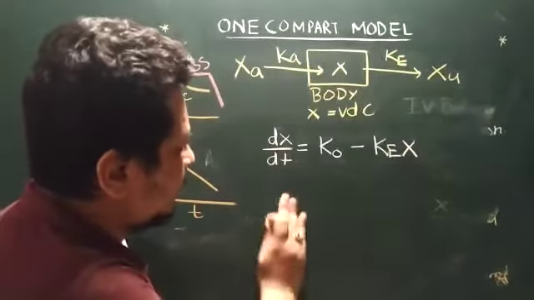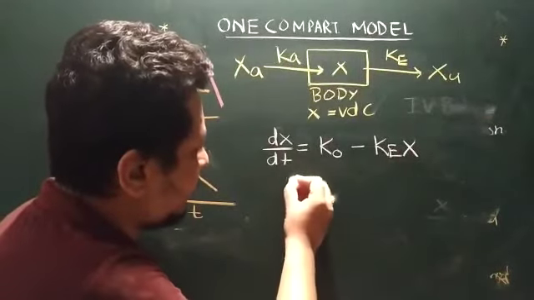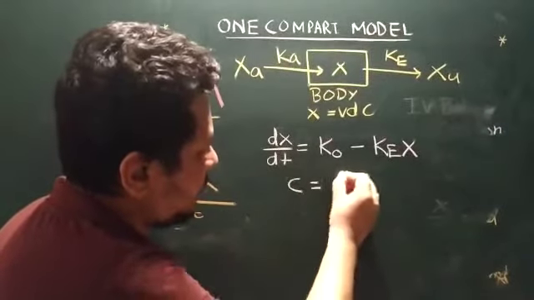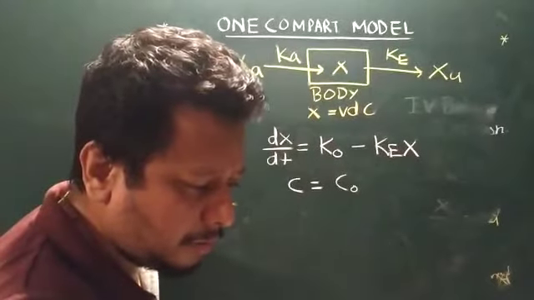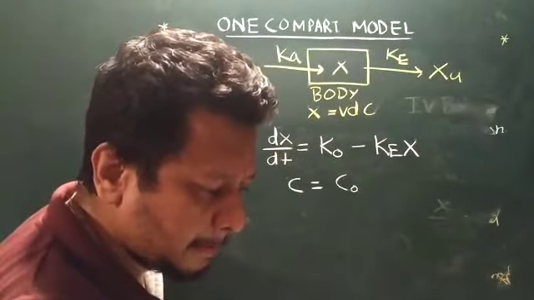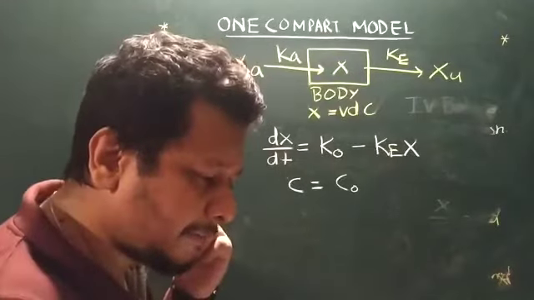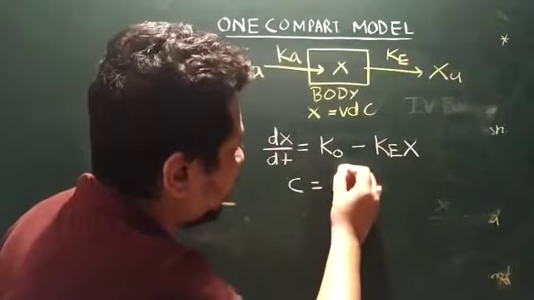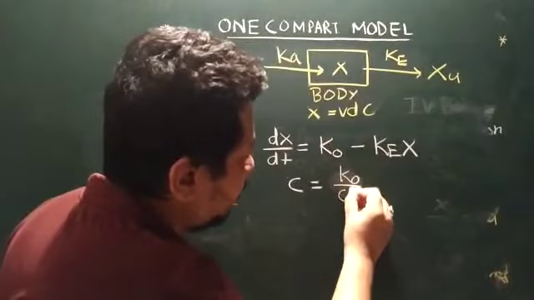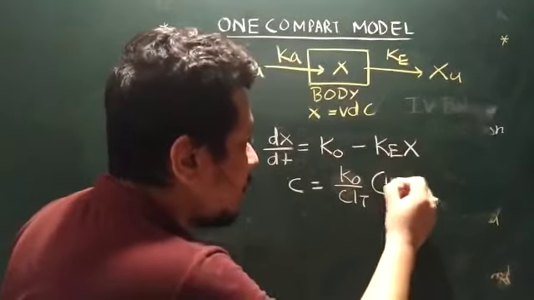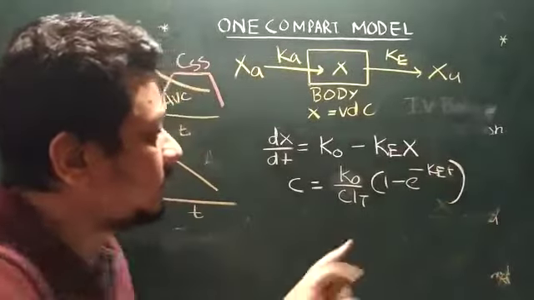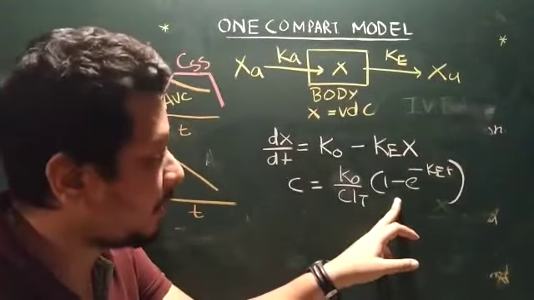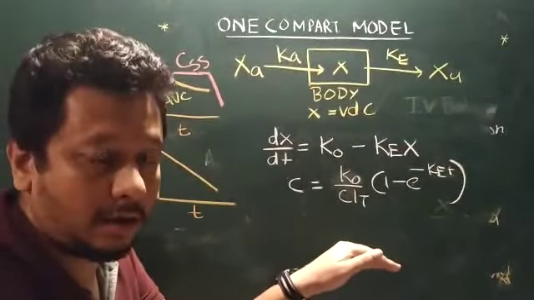Now if you integrate, you get C equals C naught upon, no, it is C equals CSS. C equals K naught upon total clearance into 1 minus e raised to minus Ket. See, this is the exponent form of my IV infusion drug.